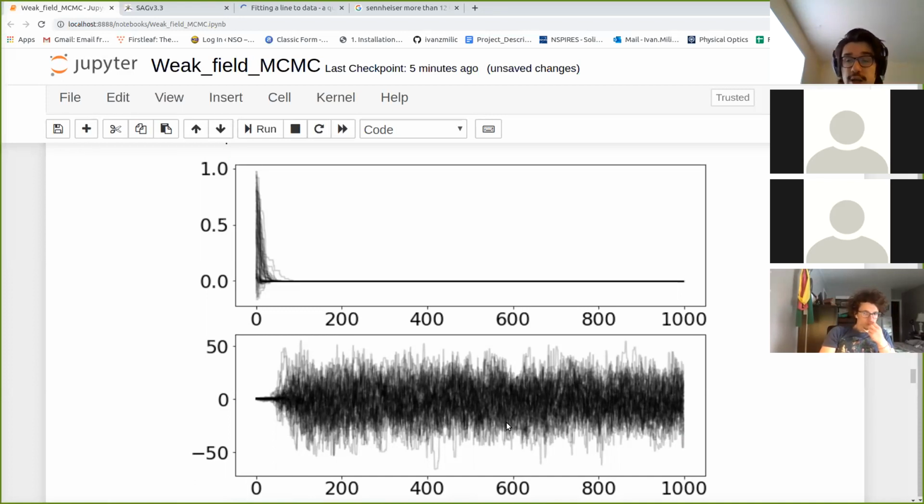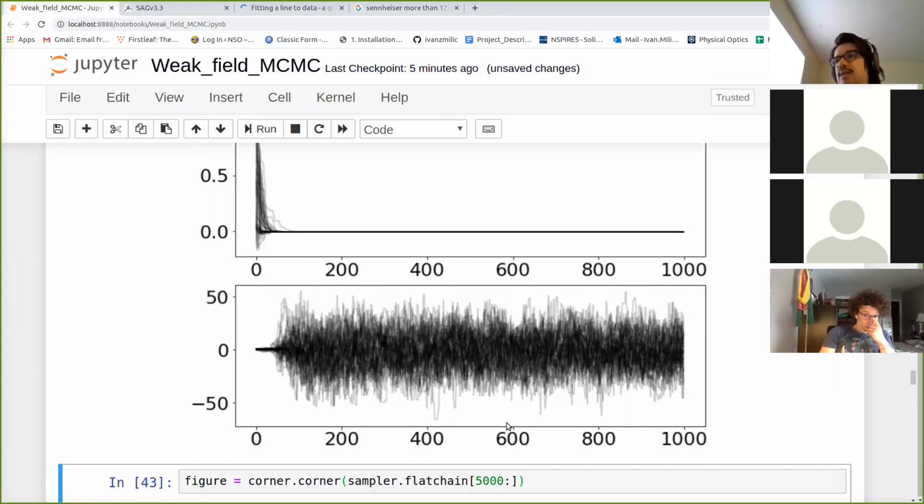On the contrary, for the other parameter, and this is because we were not taking care of the magnitude of our parameters, we started from somewhere between 0 and 1, which we can't even see, and we see that they spread and they were sampling this place somewhere between minus 50 and 50, right?